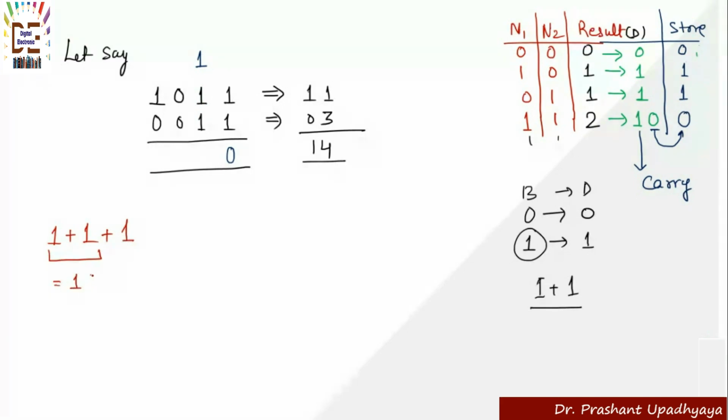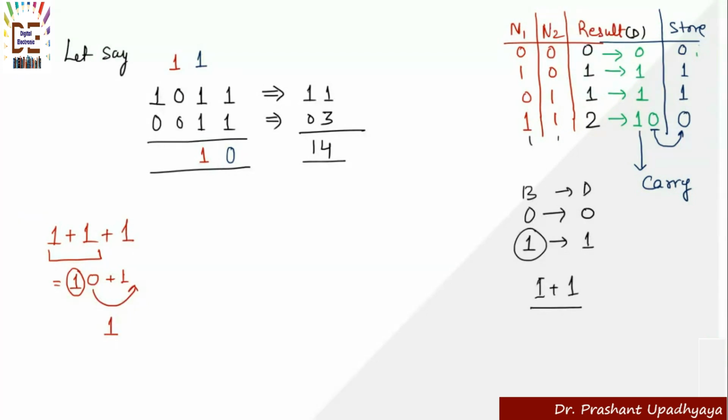This is equal to 1 0. You are getting my point? This is 1 0. But what will we do? We will move this as a carry. What is 0 plus 1? Remaining 0 plus 1. What is 0 plus 1? It will be equal to 1. So I will get a 1 here and a carry here. Okay. You are getting my point?